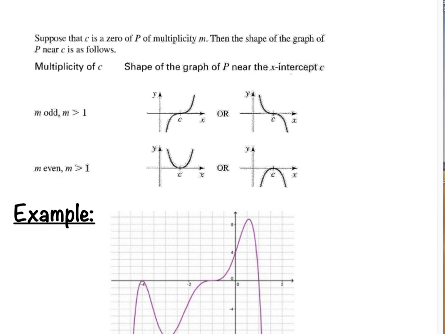So let's look at something called multiplicity. There are different shapes of the graph based upon multiplicity. So if m is odd, like x to the third, let me write out an example here.